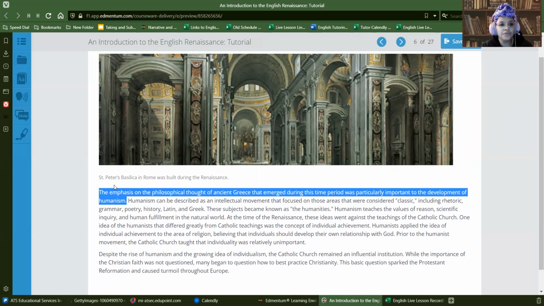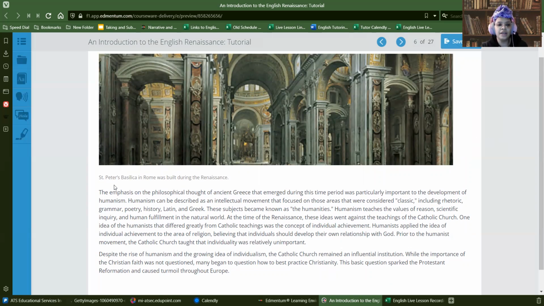So I want to write down this whole sentence in my notes just as an example of what to put down. I would definitely say that the emphasis on philosophy, that's where we get the philosophical thought, was important to the development of humanism. That's what I would start off by saying. And that's just a shorter way of saying what's in this sentence.